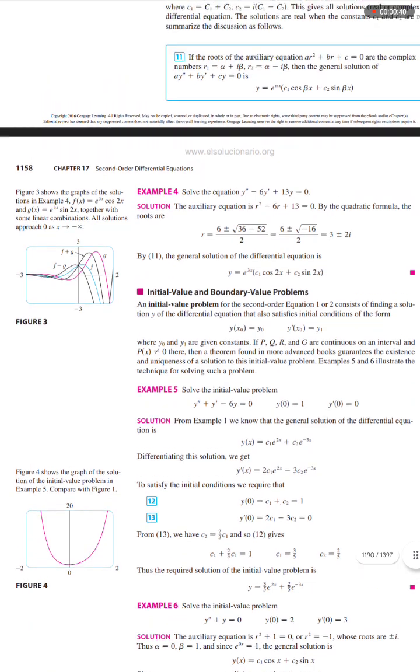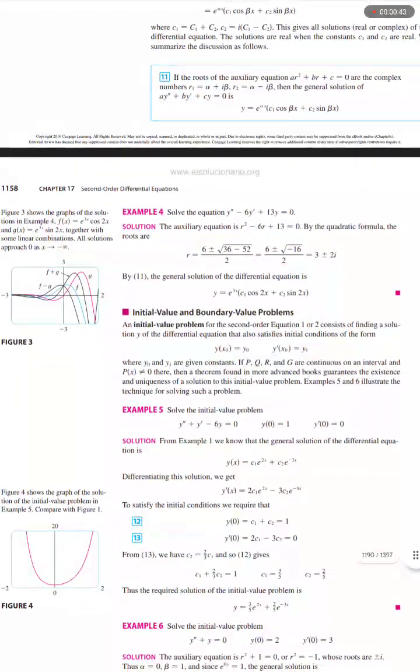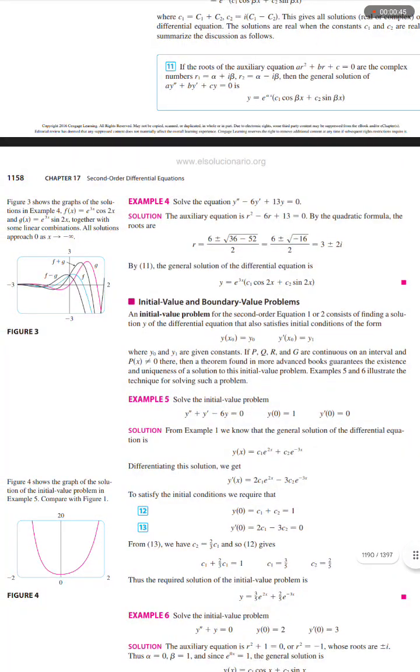By equation 11, the general solution of the differential equation is y = e^(3x) (c₁ cos 2x + c₂ sin 2x).